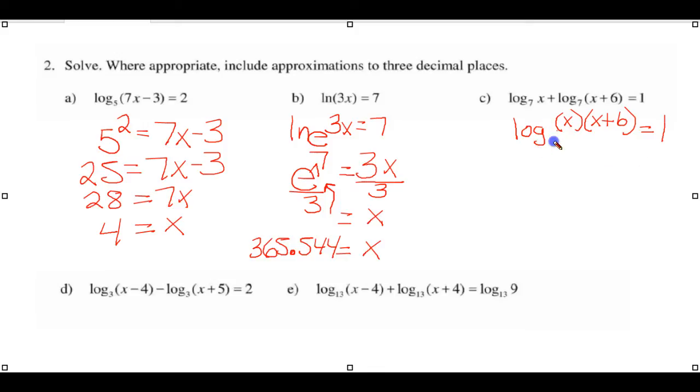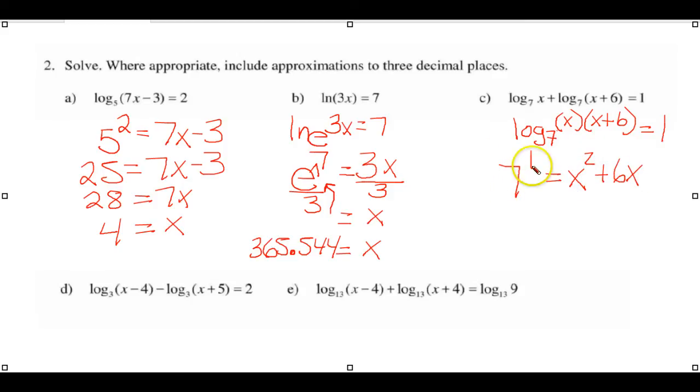I don't know why I put an x there. There we go. So our base is 7. Our exponent is 1. And it equals this answer, which is x squared plus 6x.